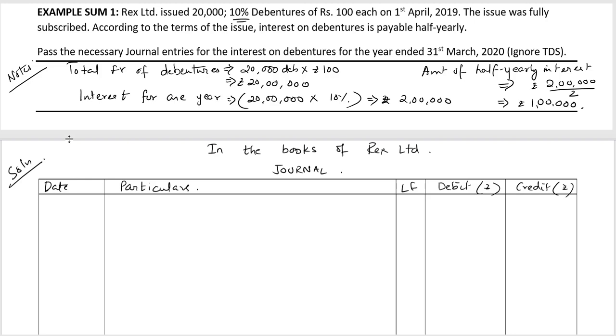on debentures. The interest is payable half yearly, so the first interest will be paid on 30th September 2019. Debenture interest account debit to debenture holders account.